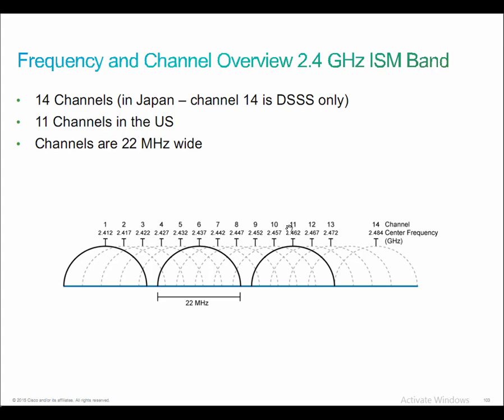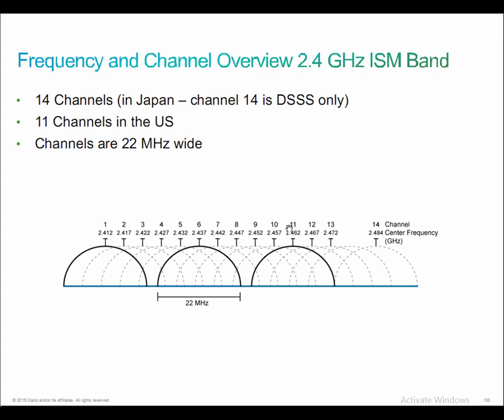Because of the limited number of channels and the usage by other devices, particularly in this frequency range, we have Bluetooth, cordless phones, DECT phones, microwaves, etc. The 5 gigahertz band offers more bandwidth options, and we'll see that in a minute here. But this is how the frequency spectrum is broken down in the 2.4 gigahertz range.